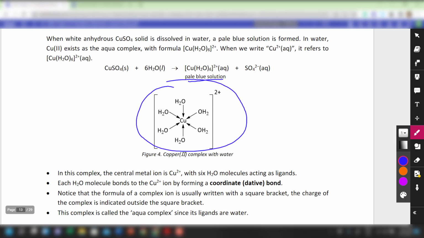You do note that there are 6 water ligands surrounding the copper 2 center, and otherwise we call this an octahedral complex. Most of the complexes you encounter in H2 are usually octahedral complexes if there are 6 ligands. If there are 4 ligands, then it is either square planar or tetrahedral.